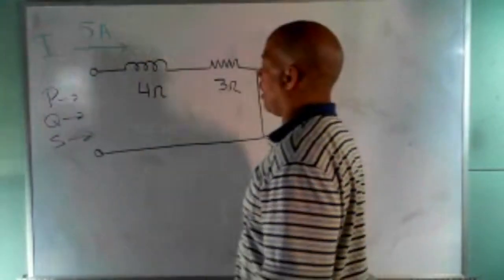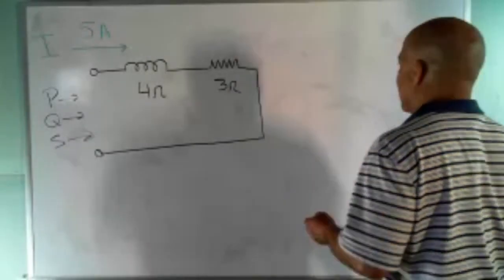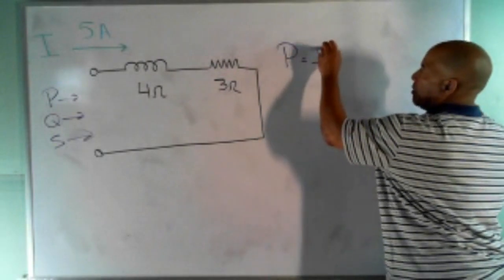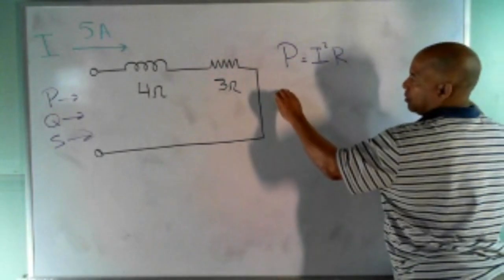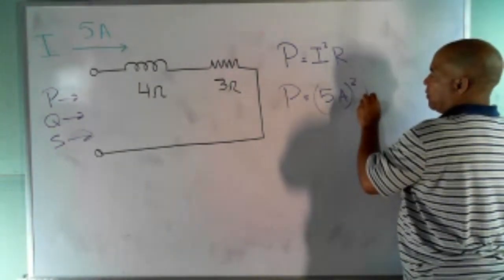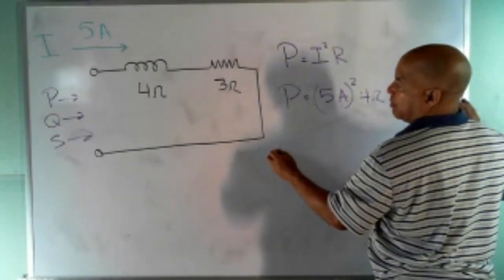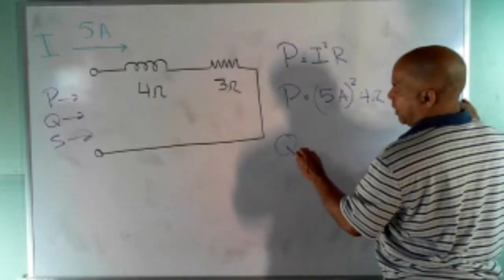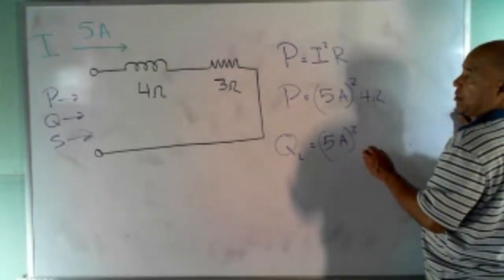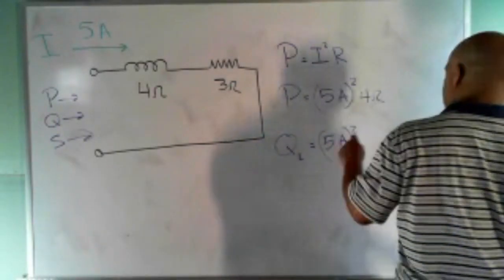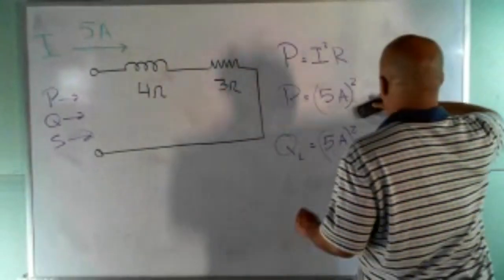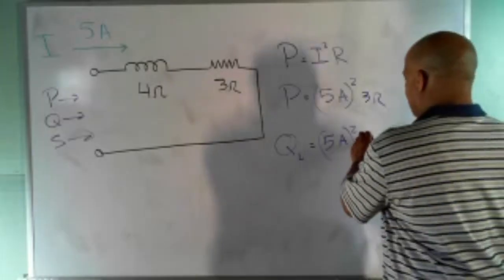All right, so I want all three, P, Q, and S. For this one, we're going to use P as I squared times R. So P is going to be 5 amp squared times 3 ohms. QL is going to be 5 amp squared times 4.